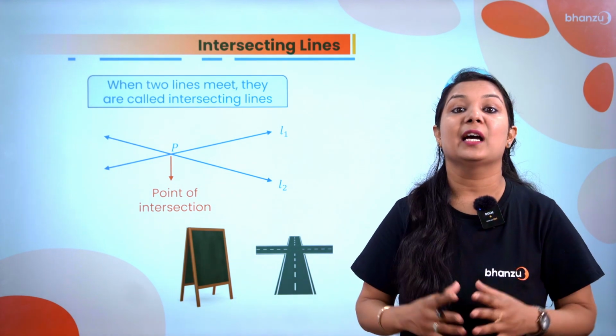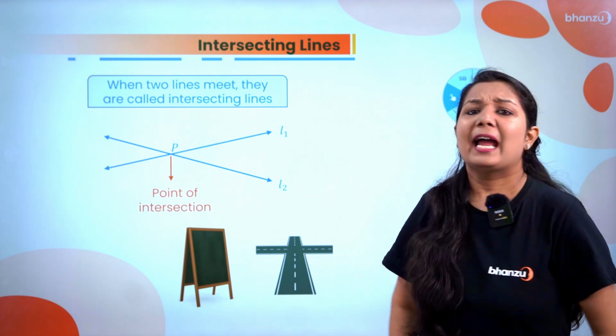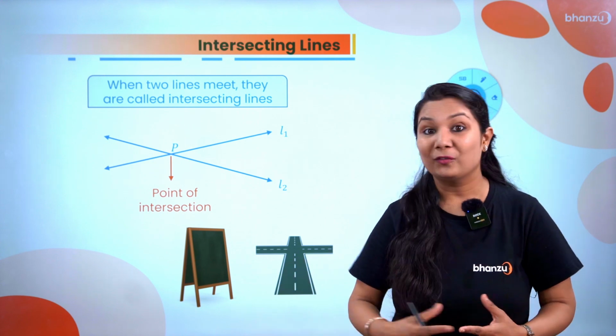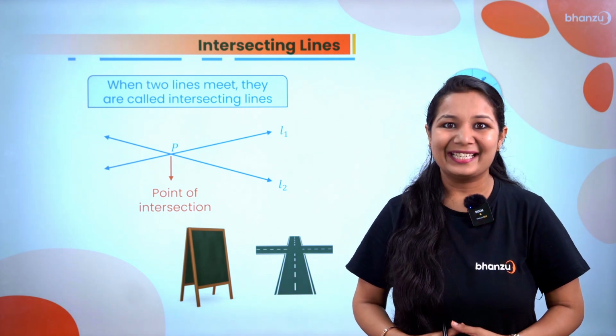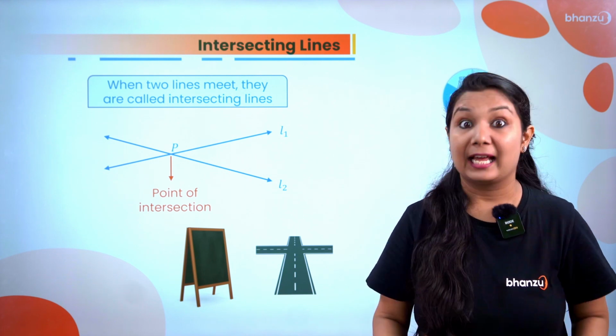Two lines wherever they are meeting, that point is called the point of intersection, and there are many real life examples of it. A few of them are over here for you, right? So this is all about intersecting lines.